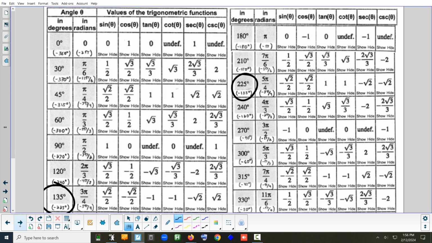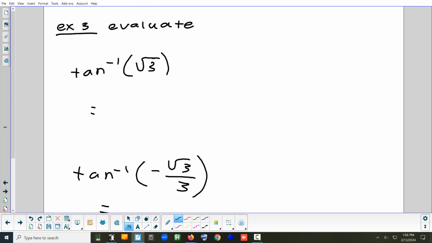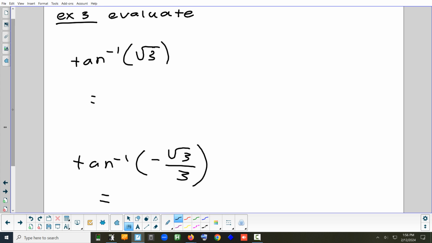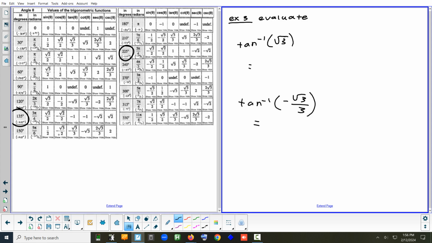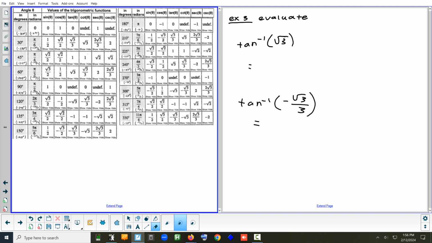All right. Let's try a couple just with inverse tangent. Just 2. So inverse tangent of square root 3 and inverse tangent of root 3 over 3. All right.